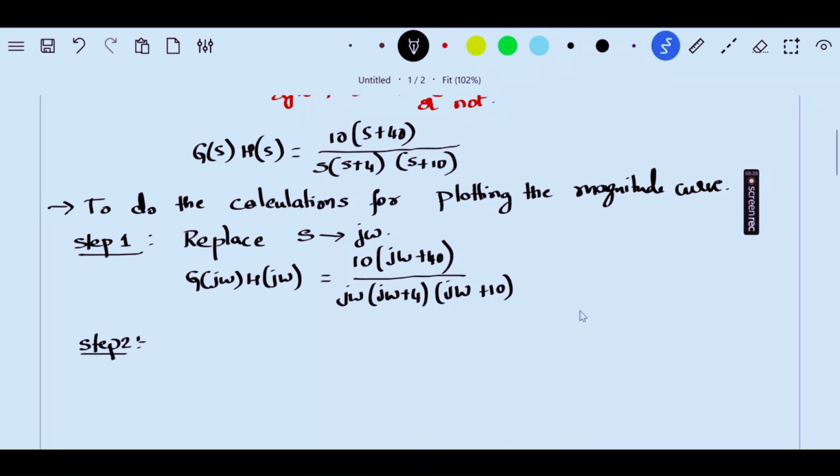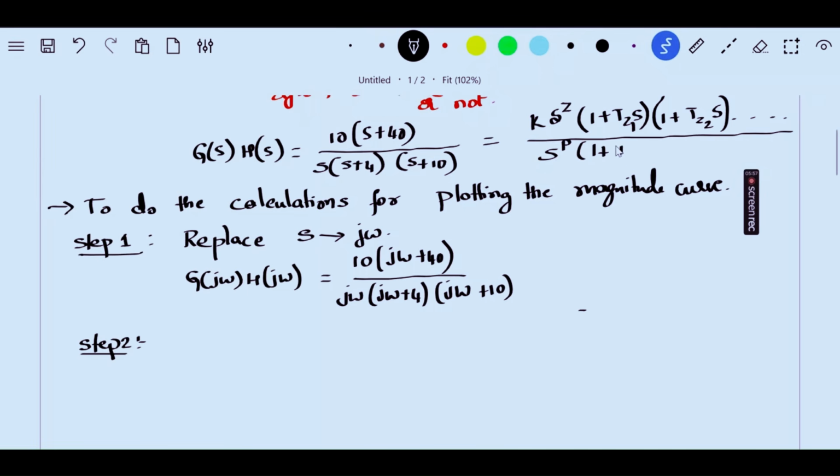Normally, the standard format in the s domain should be in terms of K into s power z into (1 plus Tz1 s) into (1 plus Tz2 s) and so on, whole thing divided by s power p into (1 plus Tp1 s) into (1 plus Tp2 s) and so on. This is the standard time constant format. The given question should be seen to be in this format.